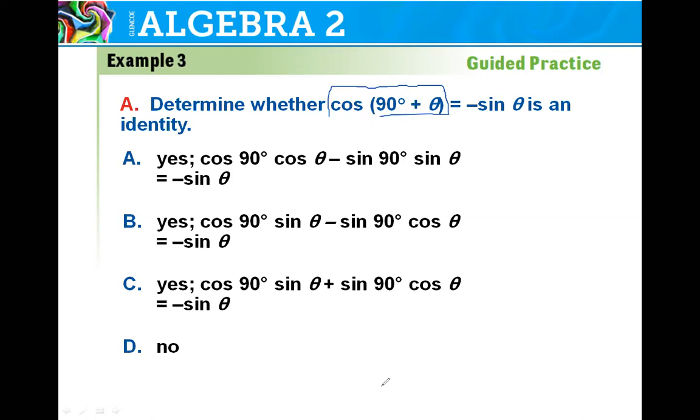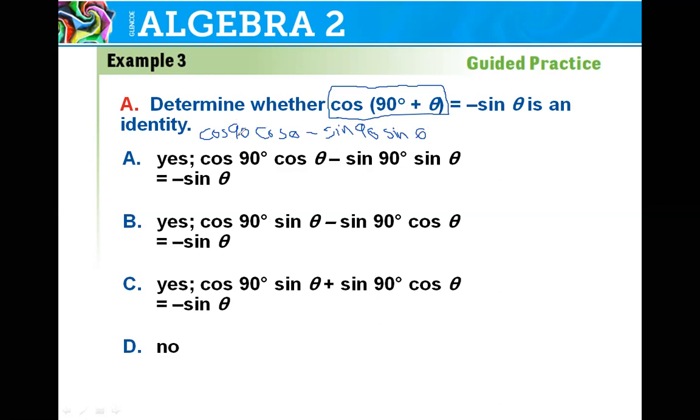Cosine 90 cosine theta, minus or plus? Minus. Minus sine 90 sine theta. Okay, and then substitute.